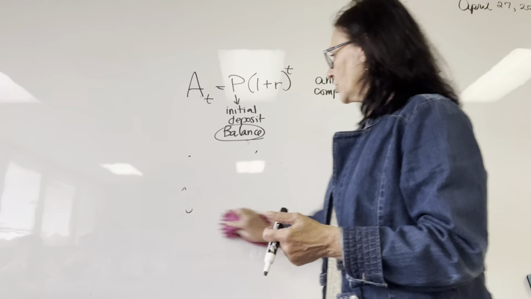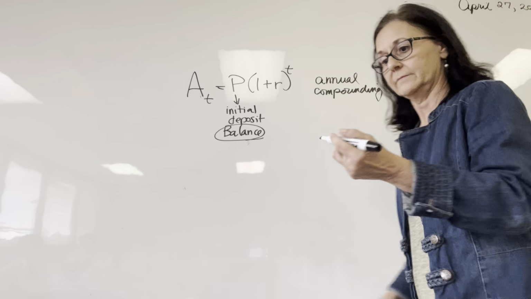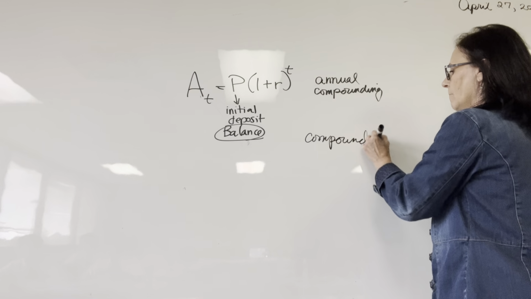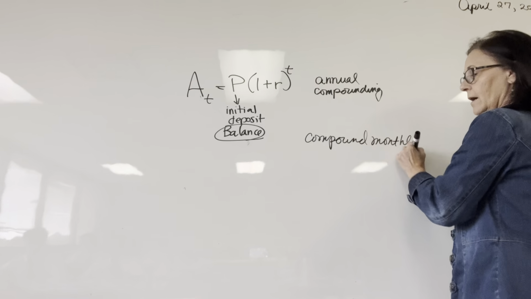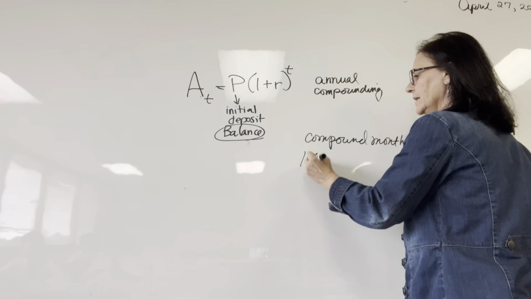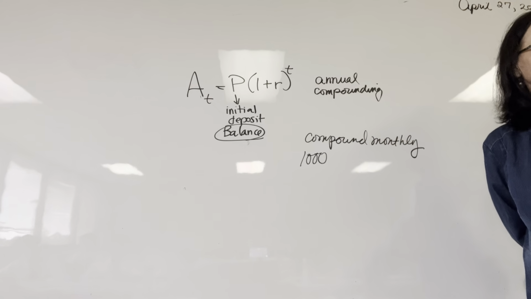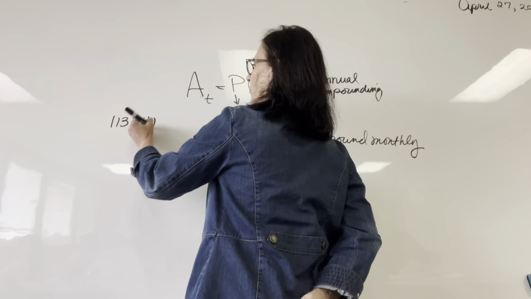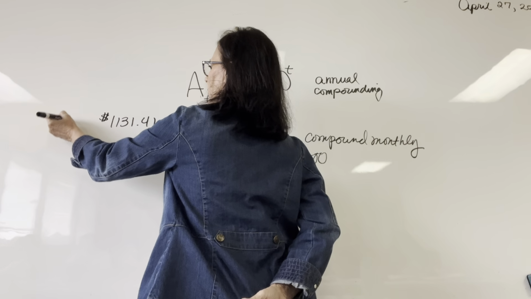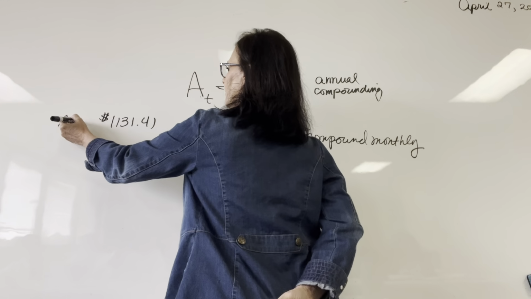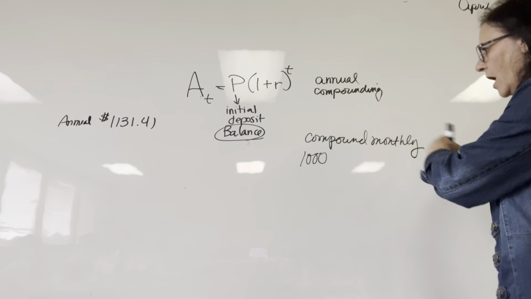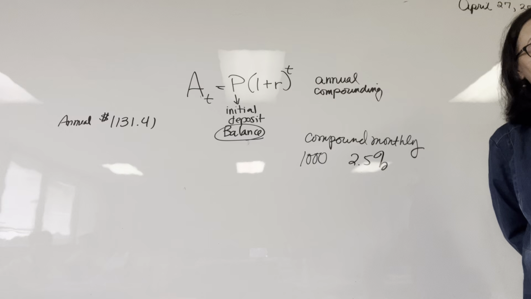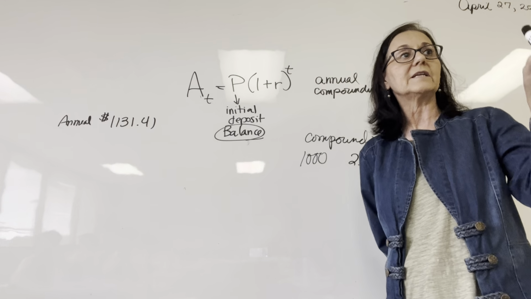What if I say they're going to compound me monthly? I'm going to deposit $1,000. Okay, wait. Annually, we had what? 1131.41. That was annual. Now we're going to compound monthly, and I'm still going to be at 2.5%. Everybody look, you have to do something different.